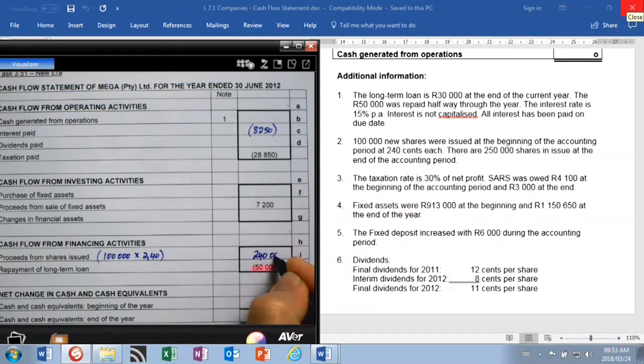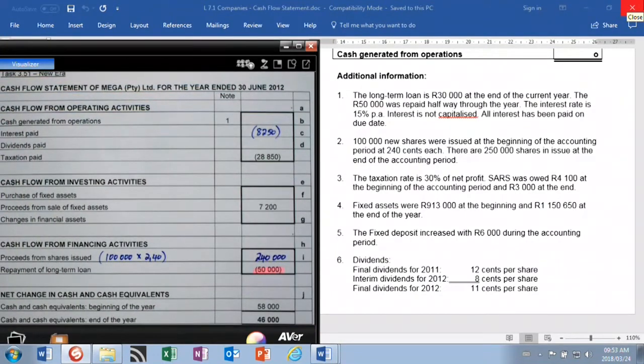Money coming in. I just want to quickly say that with this information, 1, 2, 3, 4, 5, 6, a little bit of information, a cash flow statement, it seems that it's going to only take us a few minutes, but I promise you we are going to do a little bit of calculations for this cash flow statement.